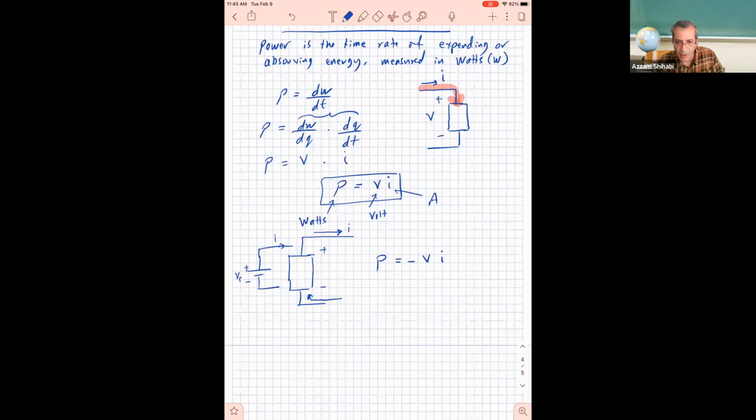And positive power must be equal to the negative power. The sum of the power in the circuit must be 0. The total amount of power generated in the circuit must be equal to the total amount of power absorbed in the circuit.